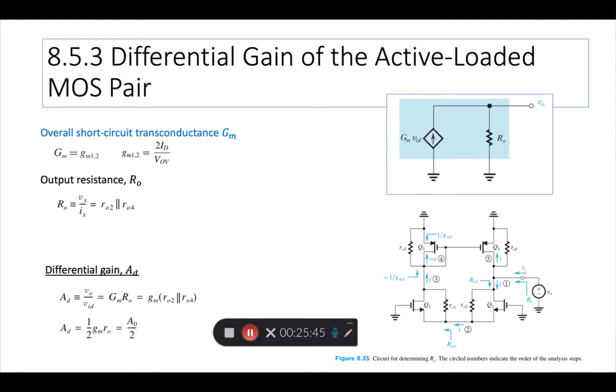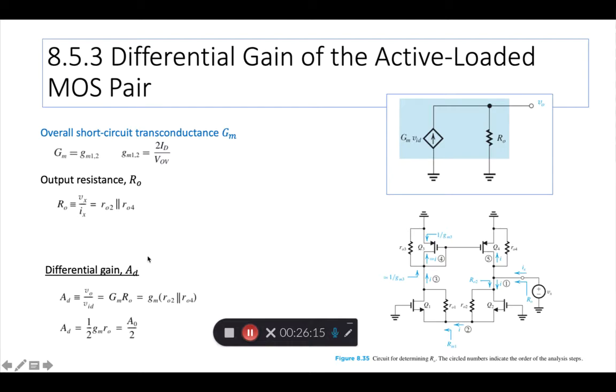Take a minute to understand. Mostly he just uses KCL, KVL at different points in the circuit. And I notice that he will say certain resistances are pretty high, so we can ignore them. So using a lot of ignoring and some KCL, KVL type analysis, we end up with these formulas for GM and RO.